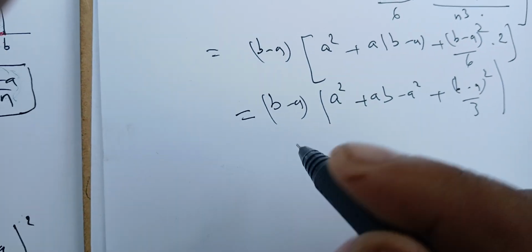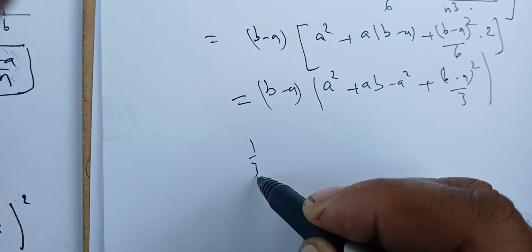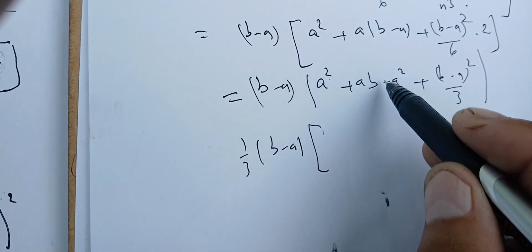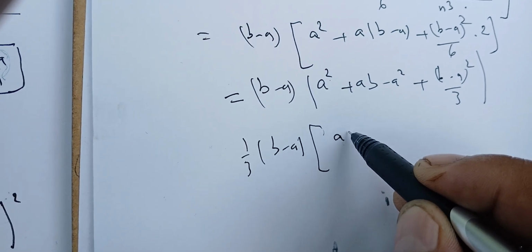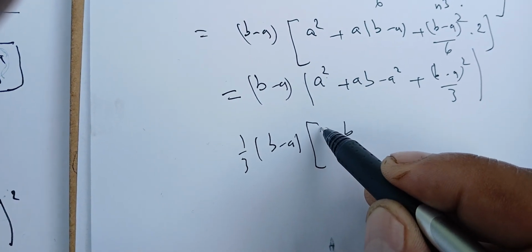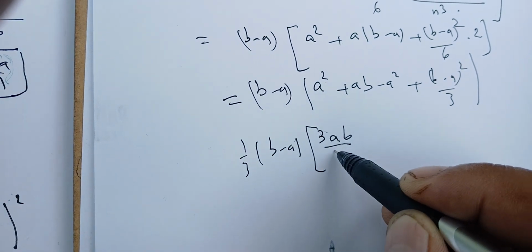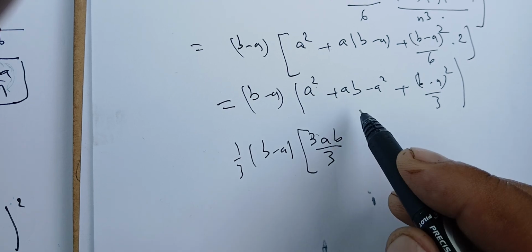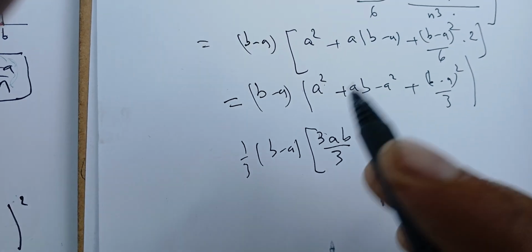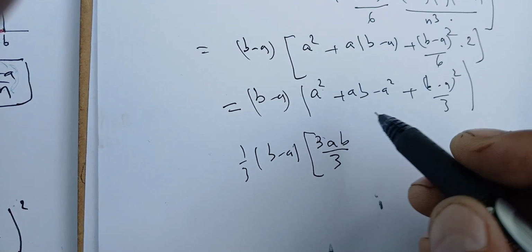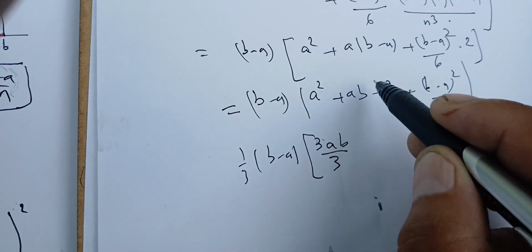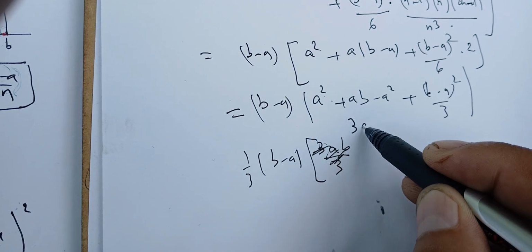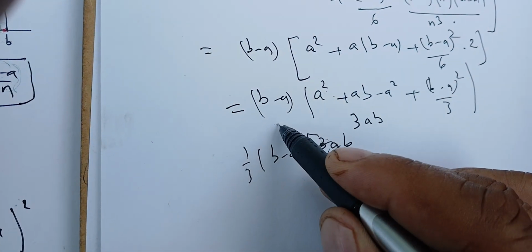Okay, I'll take the 3 outside, so I'm going to have 1/3 b minus a, and I'm going to simplify. So here I'm going to have only ab, but I need to multiply by 3 here because I took it outside.